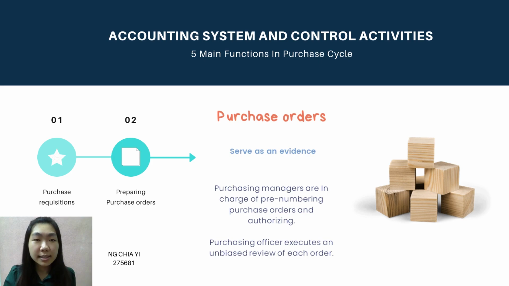Documentation of the purchase order serves as evidence that the purchase transaction occurred. Purchasing managers are in charge of pre-numbering purchase orders and authorizing. Besides, the purchasing officer executes an unbiased review of each order to determine whether the products ordered are collected and recorded.